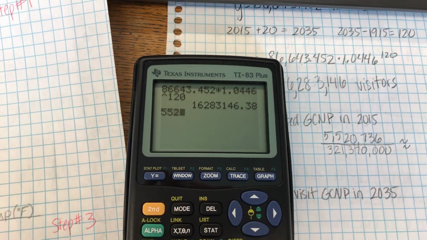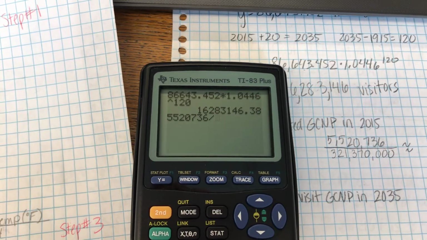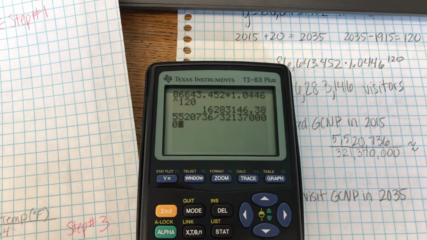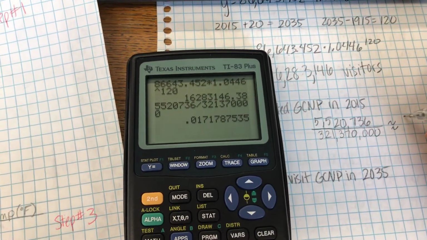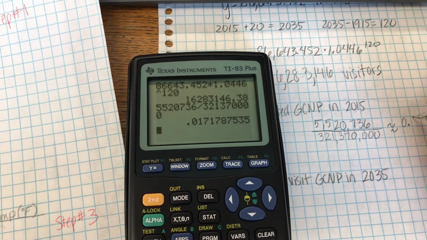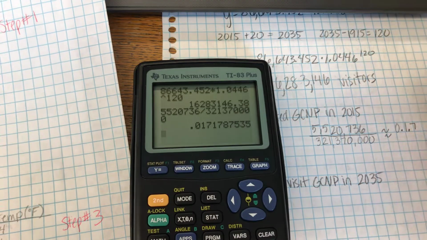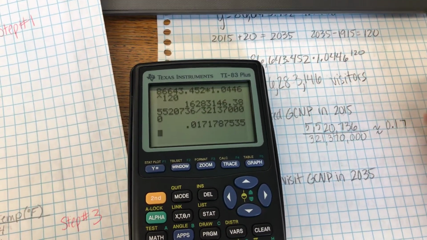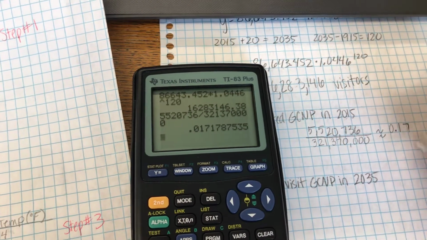So 5,520,736 divided by 321,370,000. Okay, so it equals about 0.17, which is about, oh man, I messed it up.